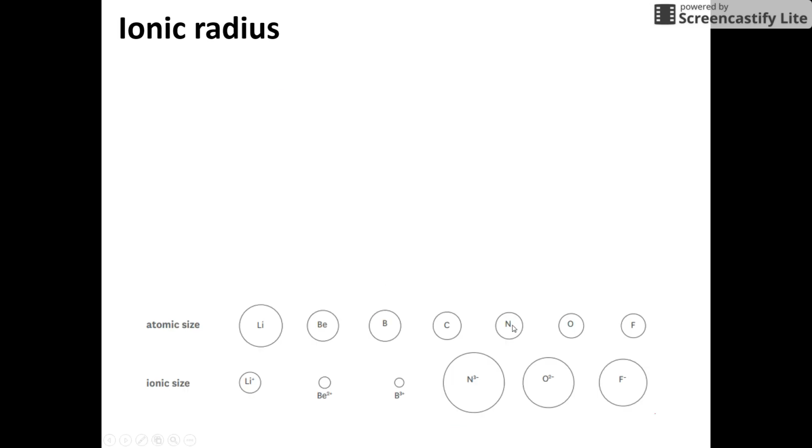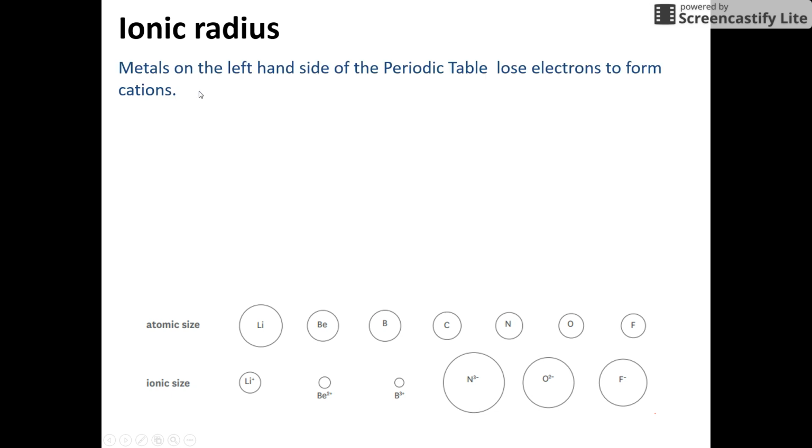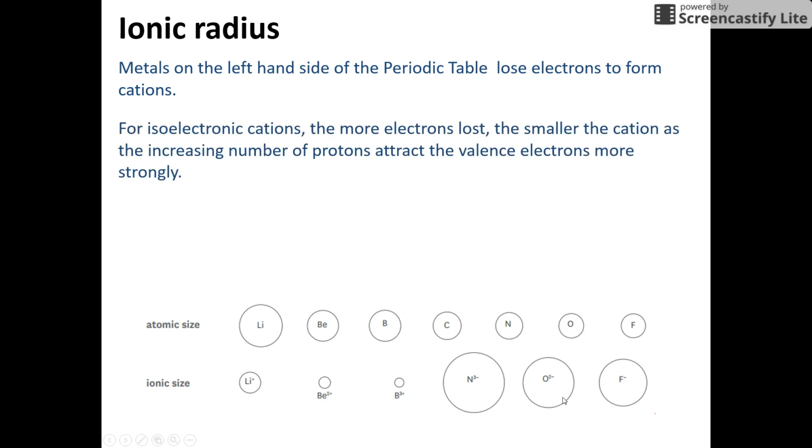So if we look at our trends here as what we saw in the first slide, metals on the left hand side of the periodic table lose electrons to form the cations, and those on the right form anions. For isoelectronic cations, the more electrons lost, the smaller they are. So Be2+ is a lot smaller than lithium plus.